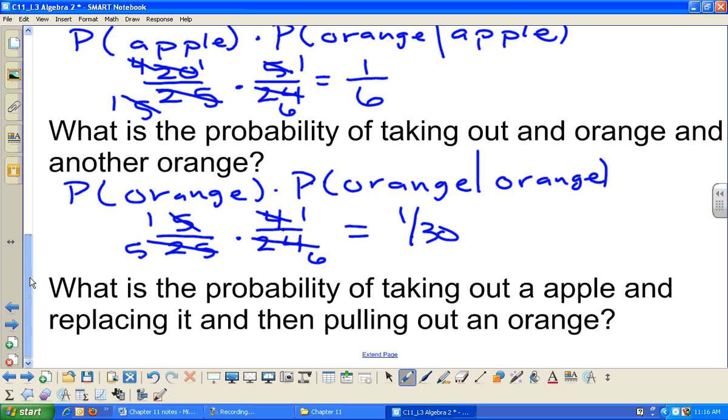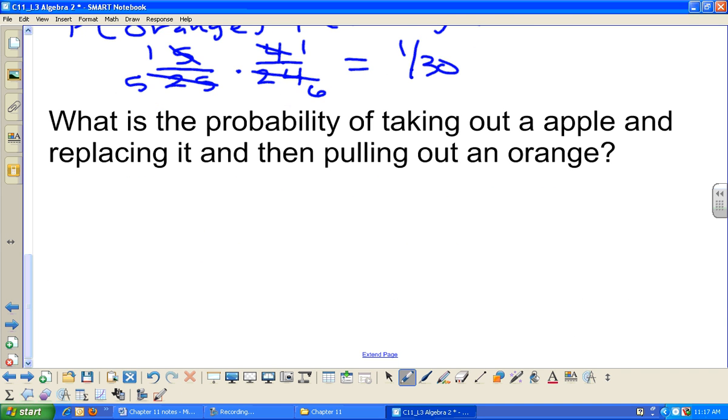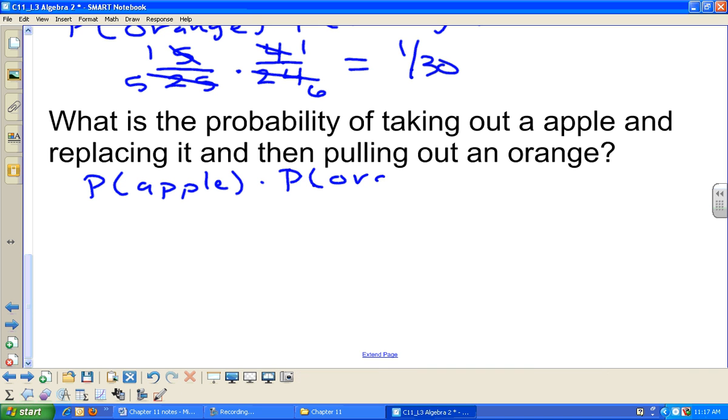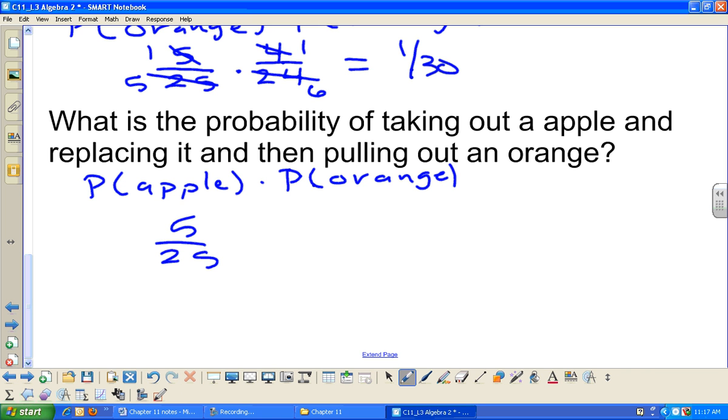Then my last question says, the probability of taking out an apple, replacing it, and then pulling out an orange. These two events would be independent because I'm replacing the first apple. So I want to find the probability of apple times the probability of an orange. So my apple would be 20 out of 25.